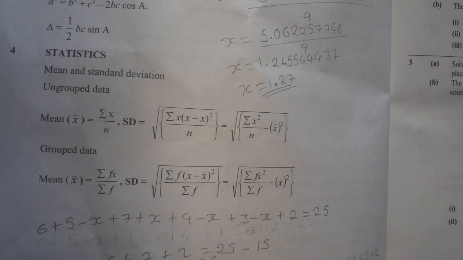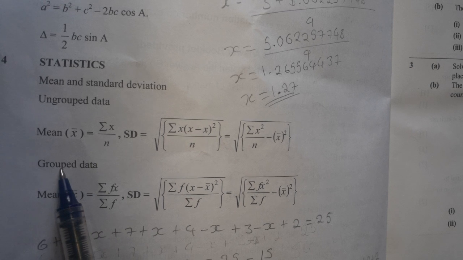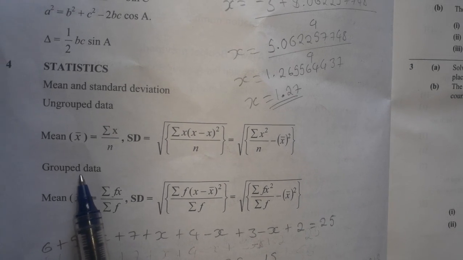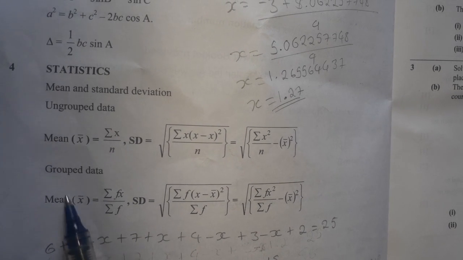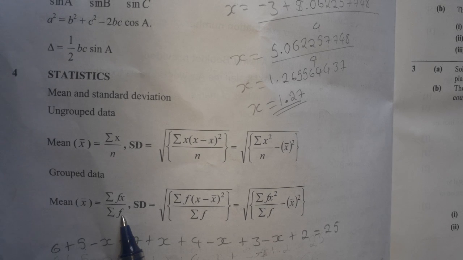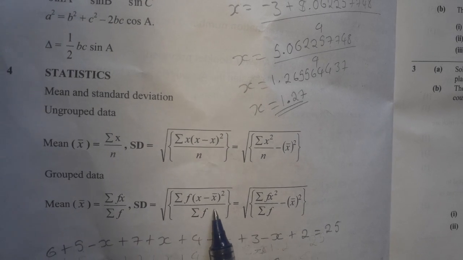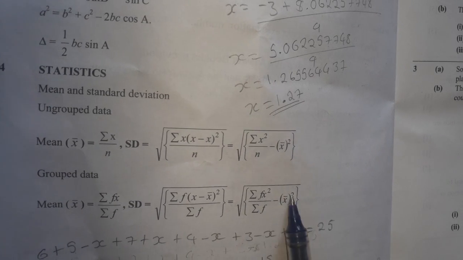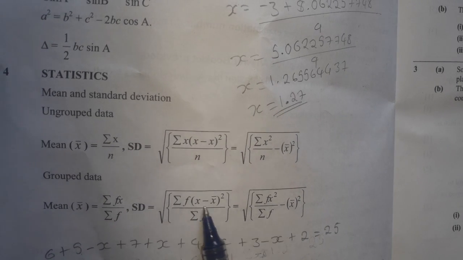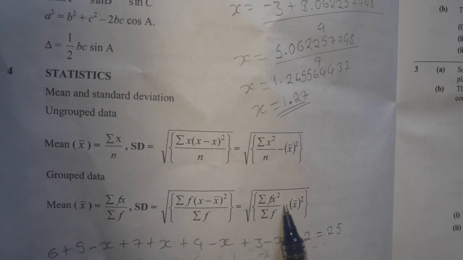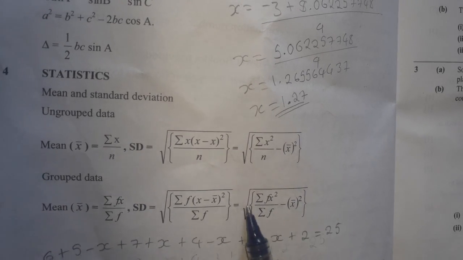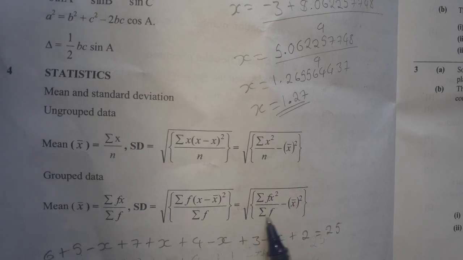As we can see here, my interest is on grouped data. Grouped data, to find mean, we have this formula. Then standard deviation, we can either use this formula or this one. These formulas are given in the exam. I'm going to go with the second formula.